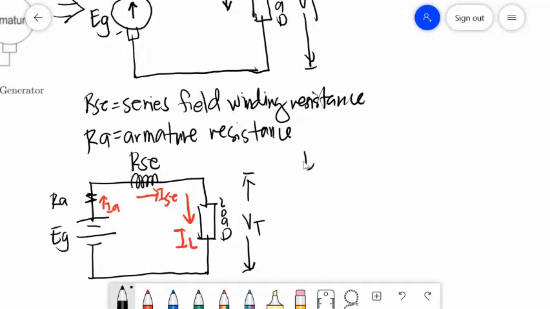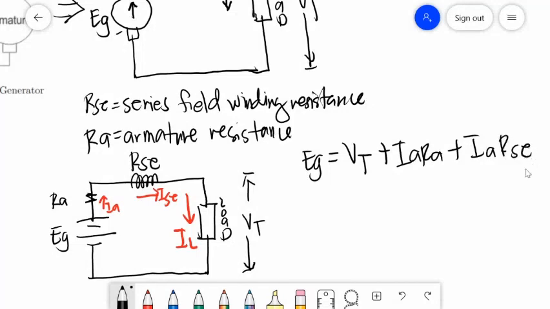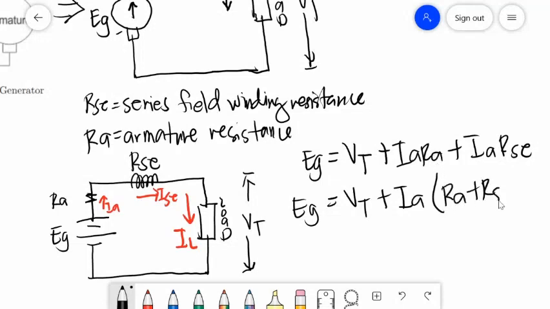EG now will be equal to the terminal voltage plus the drop in armature resistance, so that is IA RA, plus drop in series resistance, IA RSE. Simplify, EG will be equal to VT plus IA multiplied by RA plus RSE.